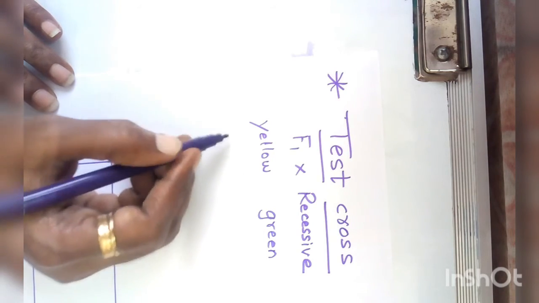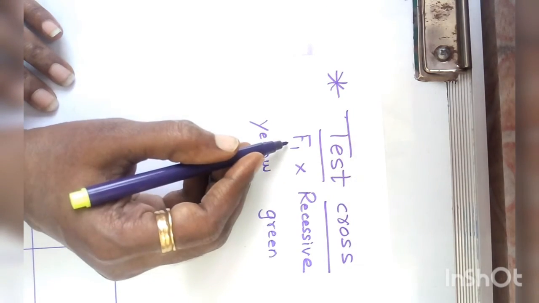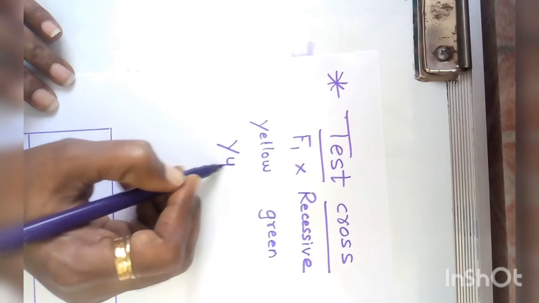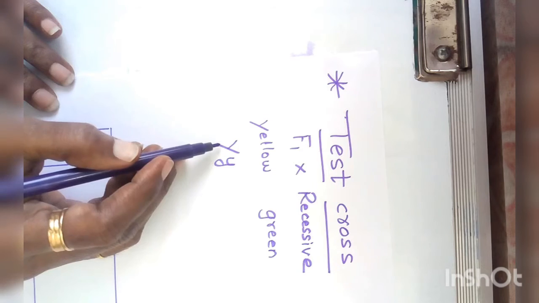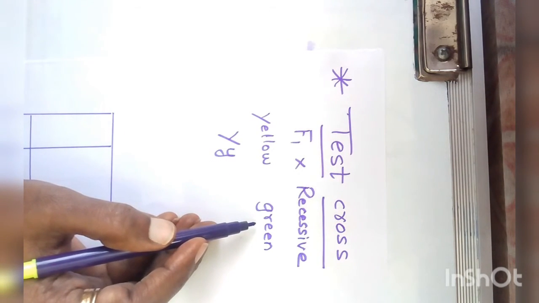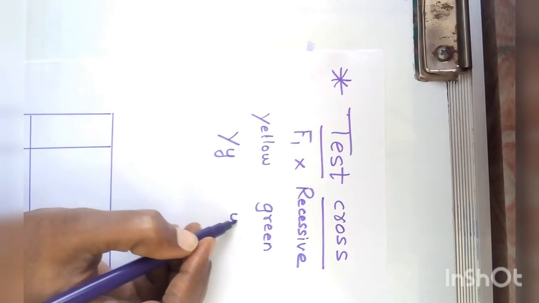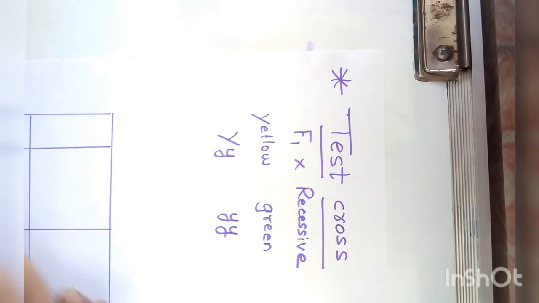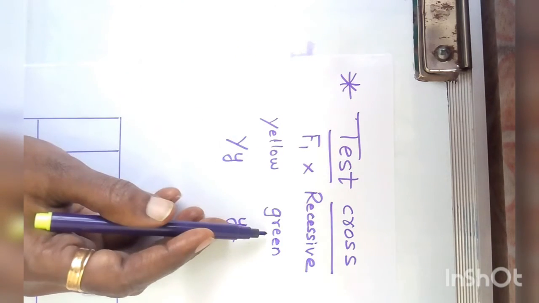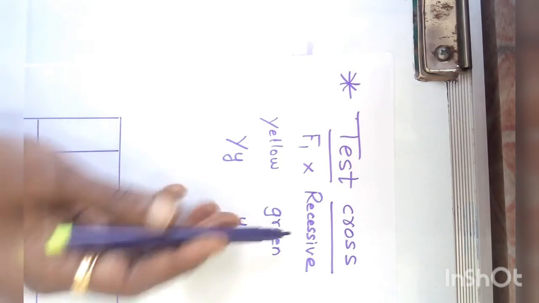Their genotypes will be, for yellow color, since it was F1 generation, it will be heterozygous. That is one capital Y and one small y. For recessive, that is green color, it will be small y and small y. These are the genotypes, these are the phenotypes, and this is a cross.